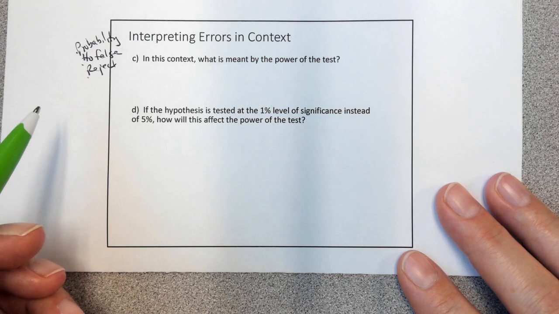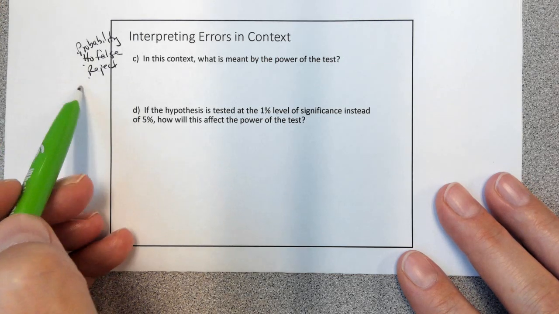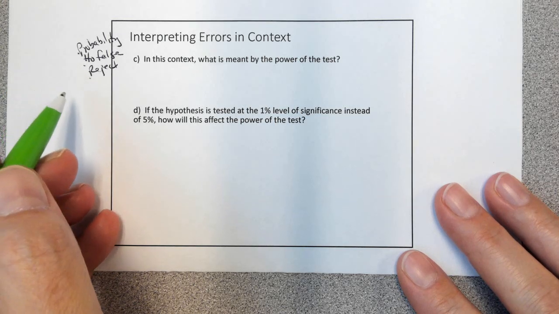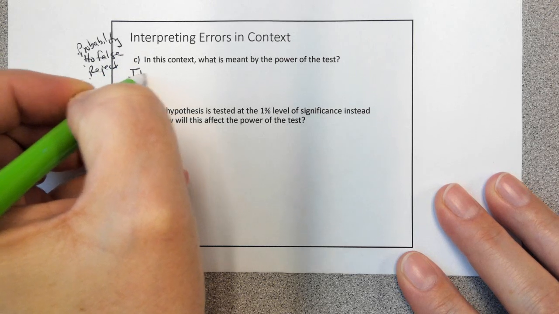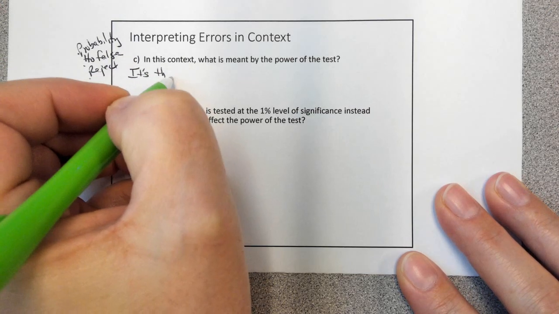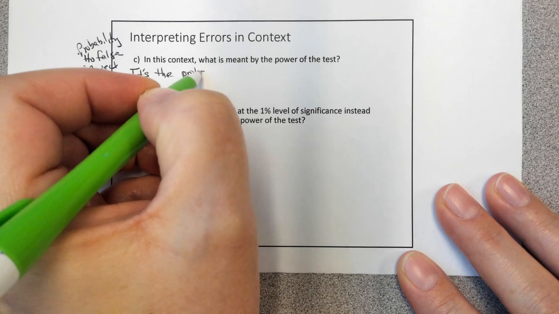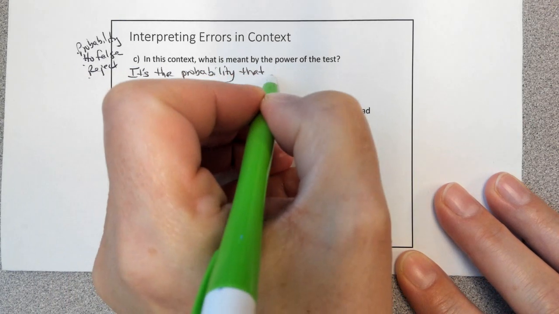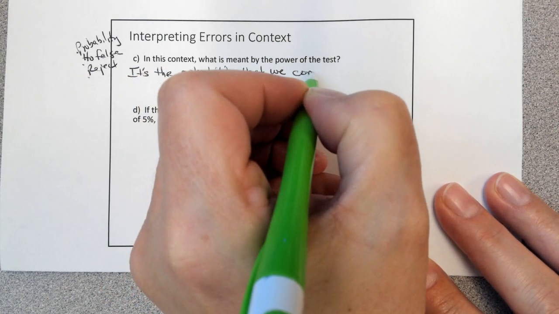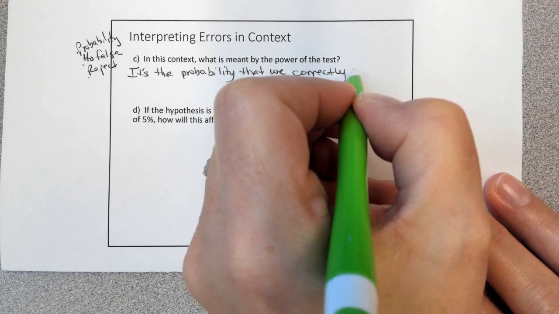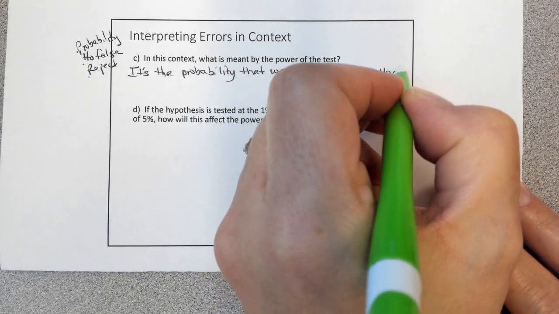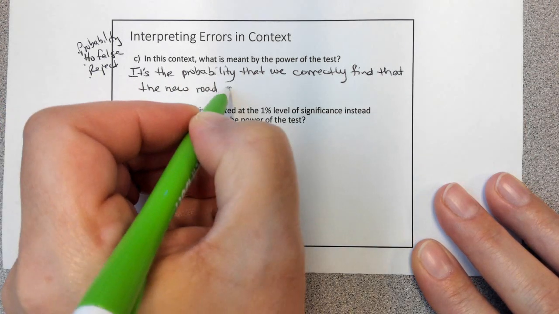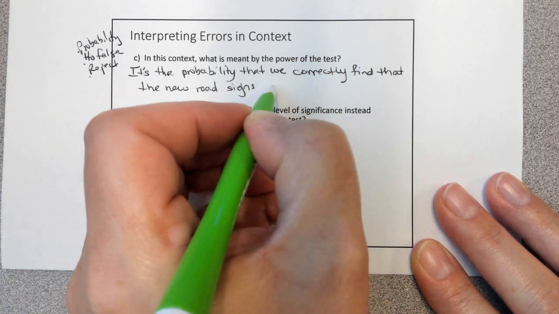So this is my sort of thinking in the margin to get my thoughts together first. So I'm going to start with it's the probability that we correctly find that the new road signs are better than the old ones.